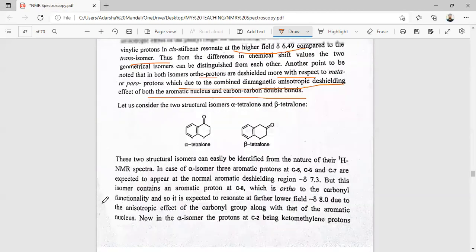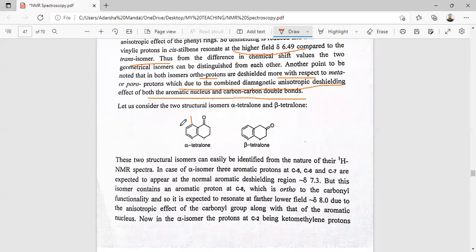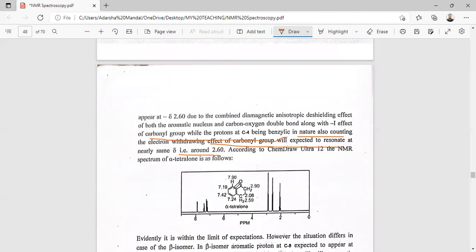So here for this alpha tetralone case, these hydrogens are in the deshielded region. So this has the downfield shift, and the one ortho to the carbonyl group is more deshielded. So that's more deshielded due to the deshielding anisotropic effect of the benzene ring and also the carbonyl group.